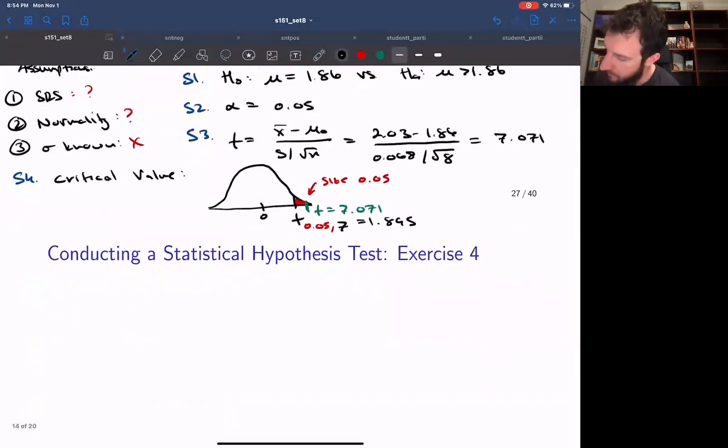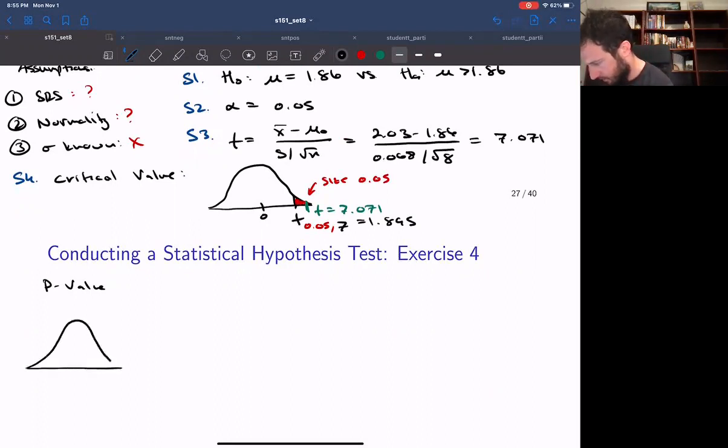All right, if we take the p-value approach, we can sketch our area here. So here we're going to mark down our test statistic. Okay, so our p-value is this green shaded part here.